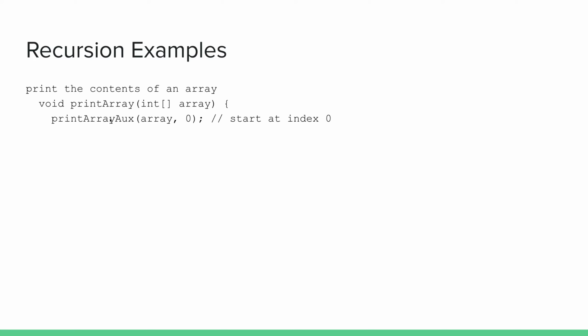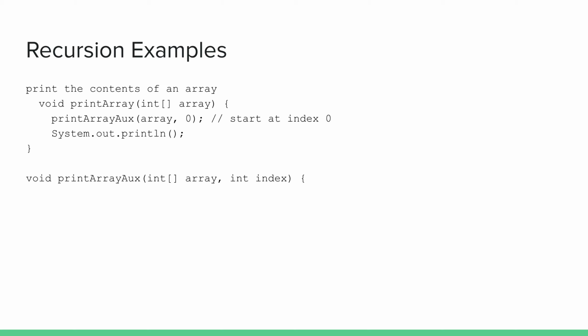In this case, it will be very helpful to have an auxiliary or helper function called print array aux that we pass the same array with an index 0. What might be the base case for this? This is a recursive function. The base case, if we want to start with 0, we're going to start at element 0, right?